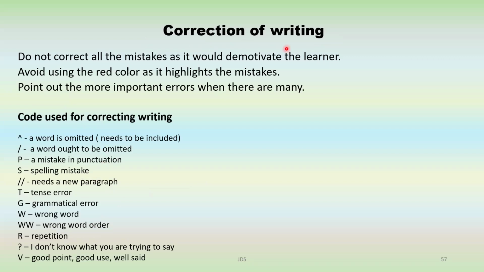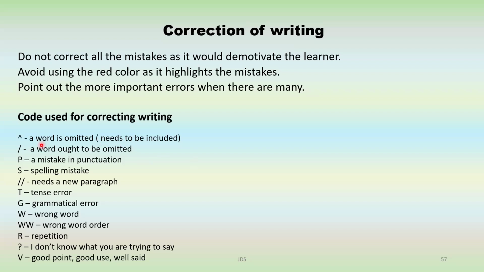Usually we just underline or circle and use different kinds of codes. But there is an internationally accepted correction code generally used in exams, when exams are administered and corrections marking is done, we go by this particular code, right?